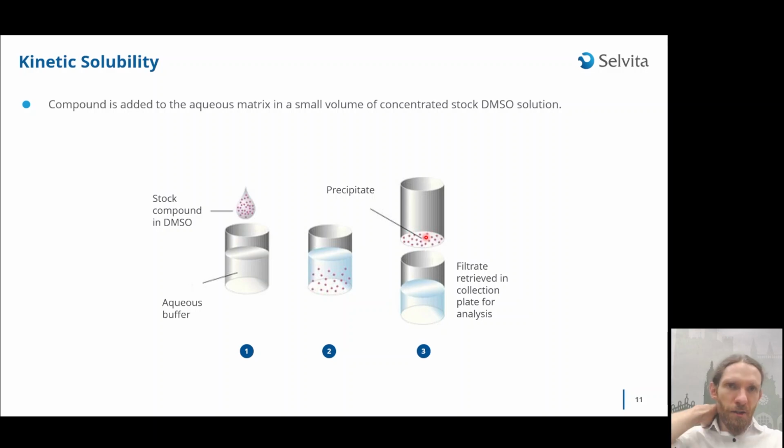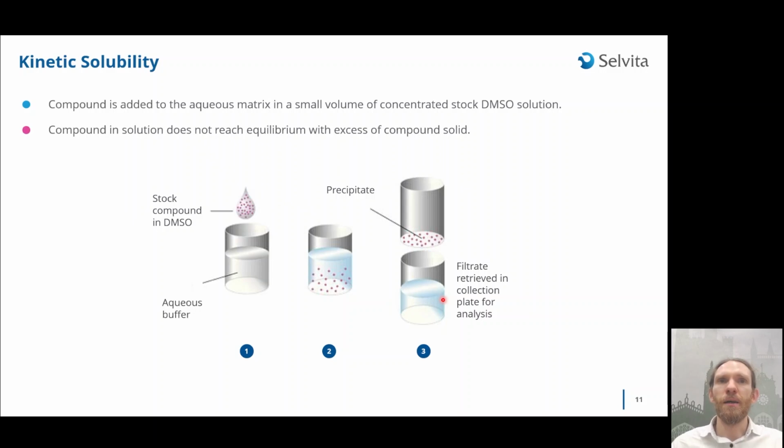We can either remove the precipitation or not, but either way, the concentration, or formation of precipitation, is measured by methods that we'll describe in a minute. And importantly, the compound does not reach equilibrium with an excess of solid compound. This is quite important here, because that will affect the readout.